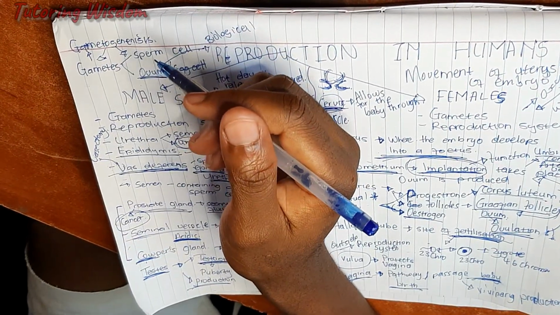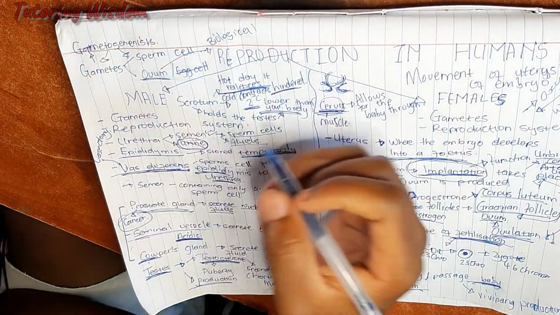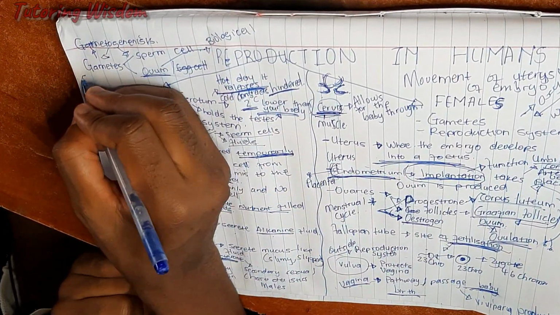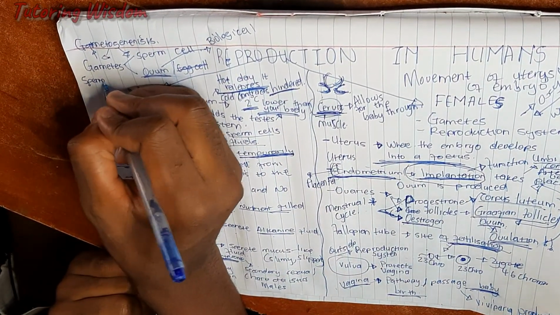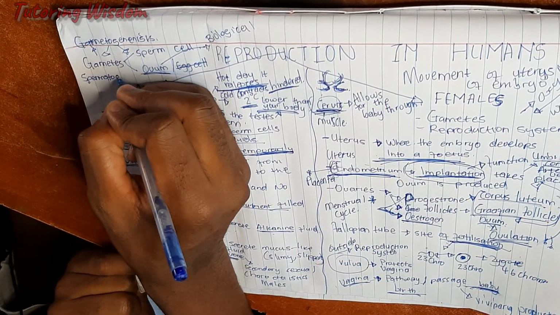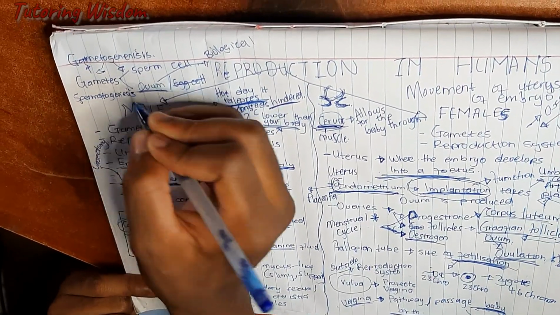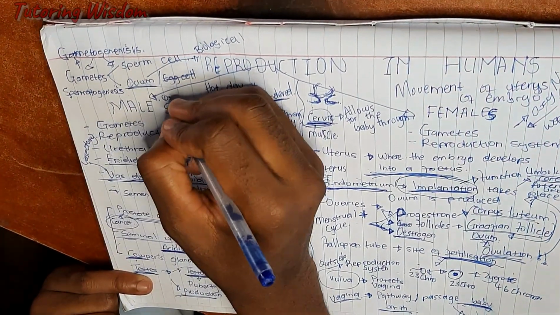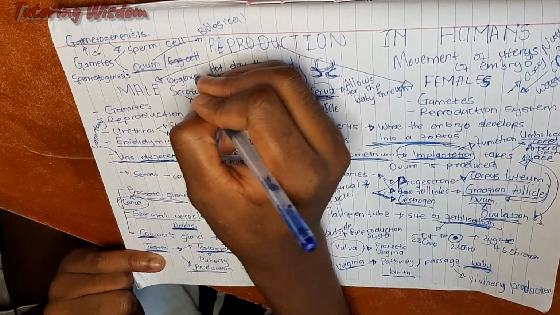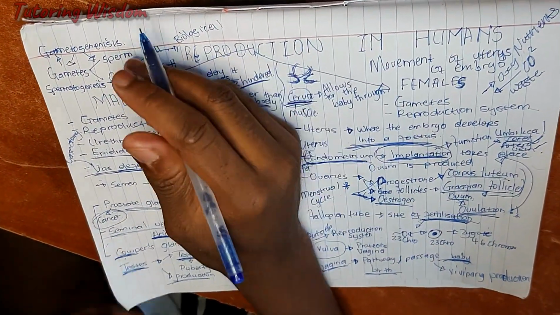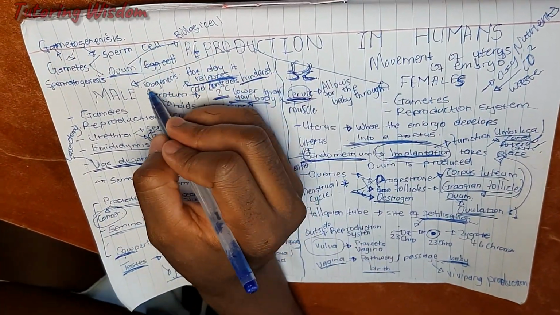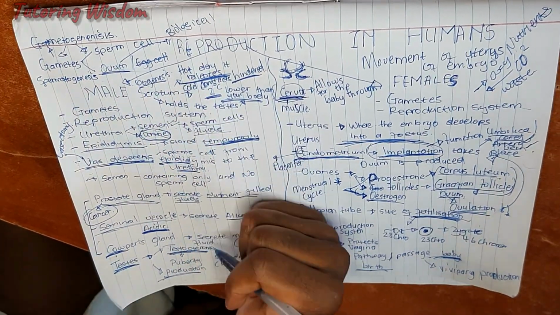Depending on what is formed during that process, you have to know the events that take place in spermatogenesis in males and oogenesis in females.